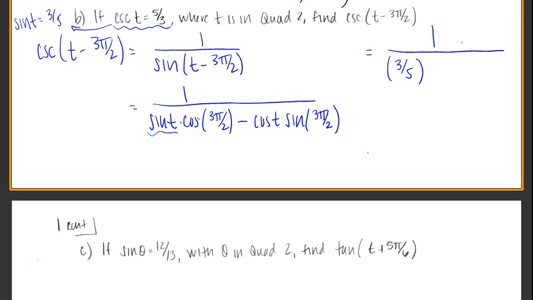The x value at 3 pi over 2, down there on the y-axis, is actually 0, times the cosine of t, and then the y value down there at 3 pi over 2 is -1. So that's actually going to go all away, and what we're looking at just left to find is 1 over the cosine of t.